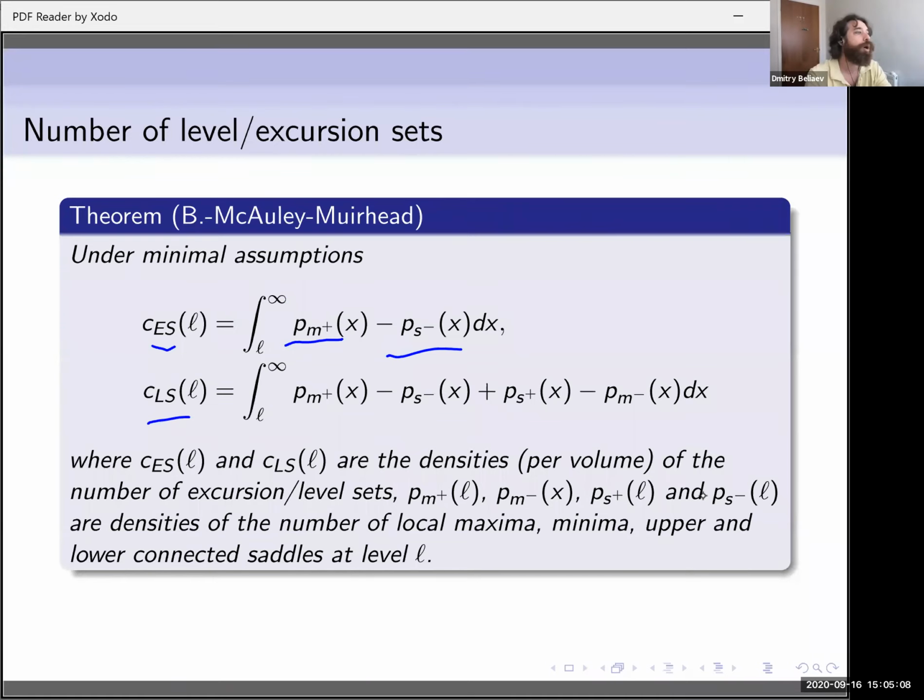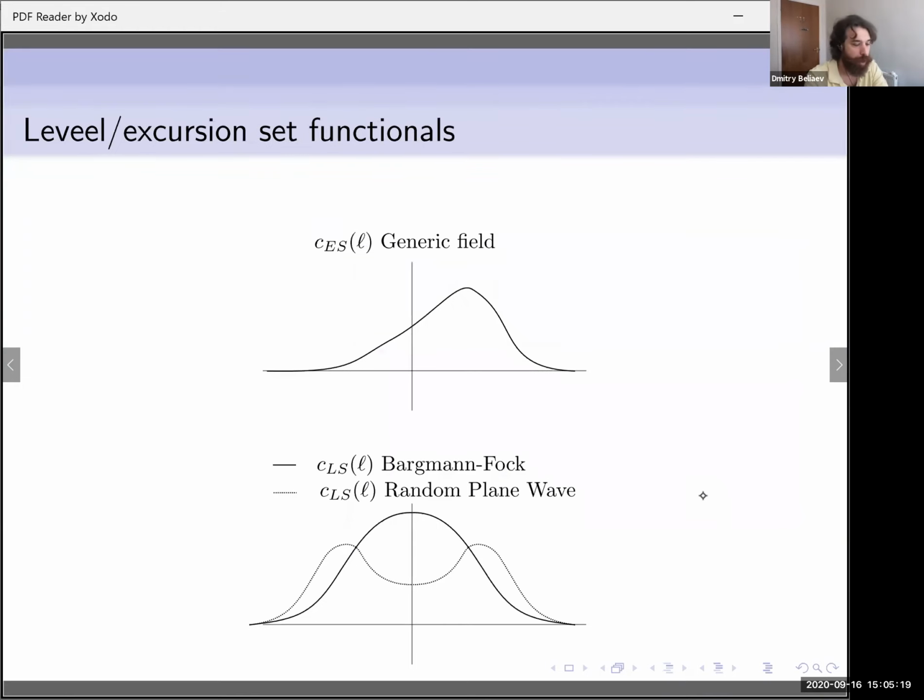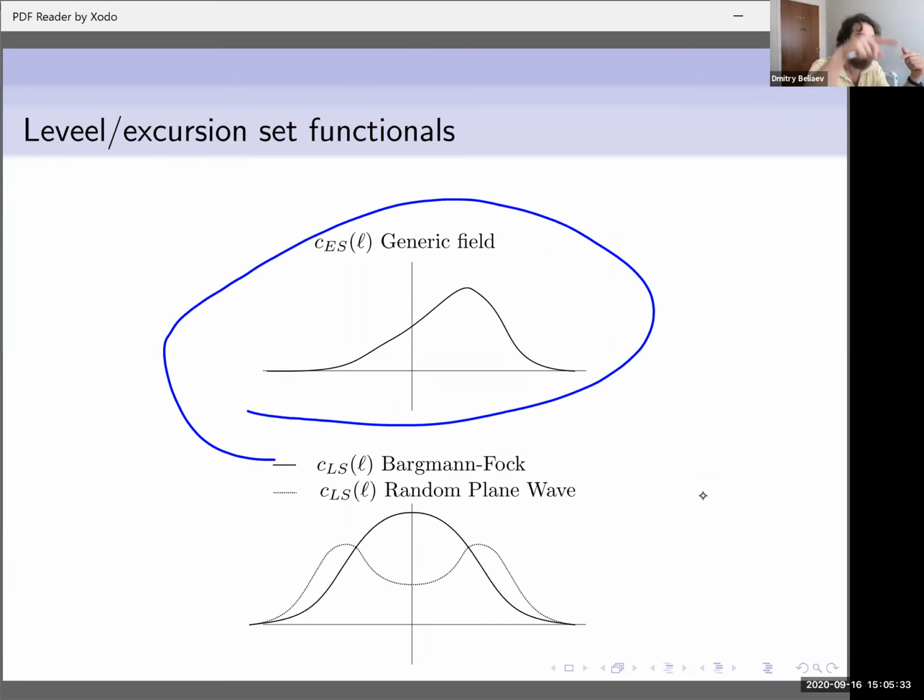And so at least we get this integral representation of densities, and in particular, it implies that densities are continuous, and these densities look kind of like this. So for excursion sets, for basically any field, the picture looks like this. It increases, then there is a maximum, and then it decreases. So it's unimodal.